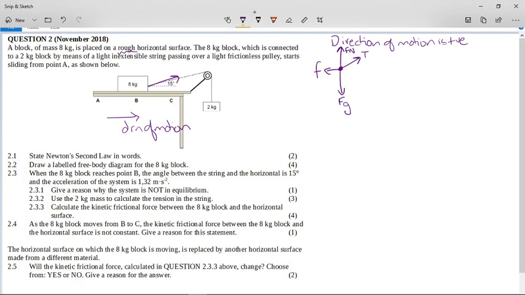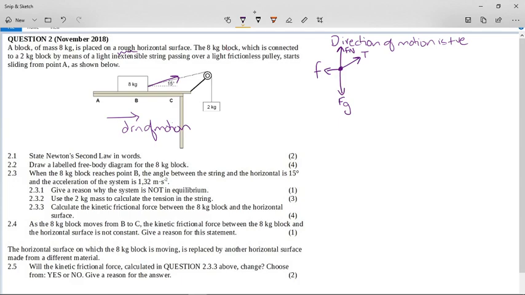Then it says to you, give a reason why, oh wait, when the 8 kilogram block reaches point B, the angle between the string and the horizontal is 15 degrees, okay, that's marked on the diagram, and the acceleration of the system is 1,32 meters per second squared. Give a reason why the system is not in equilibrium. Well, what things give you equilibrium? If you have equilibrium, you must be moving at a constant velocity, or you must be at rest, stationary.